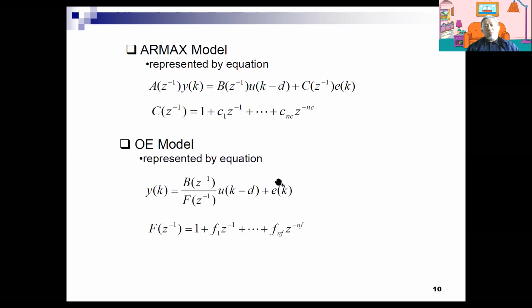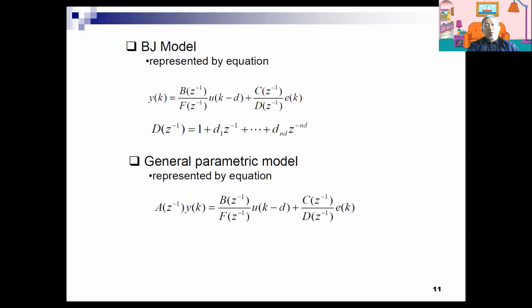And the OE model is shown here, where you assume A is equal to 1, C is equal to 1, D is also 1, and just the remaining B and F, which is considered part of the polynomial of the system. Same as well for the Box and Jenkins model, where we assume A equal to 1, B and C have a value, D and F have a value, which is shown here, but it is not suitable for control system design.